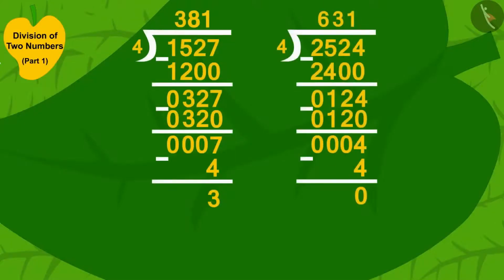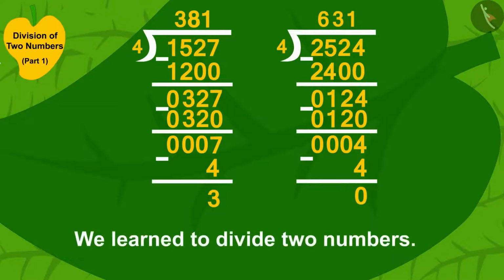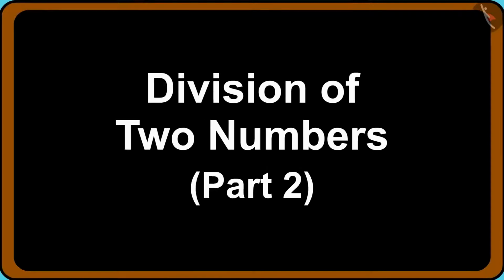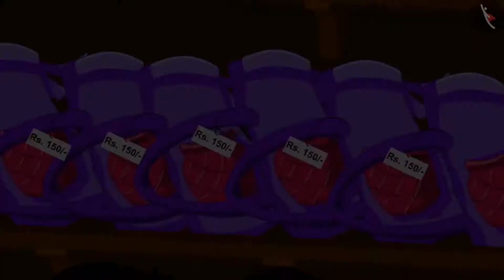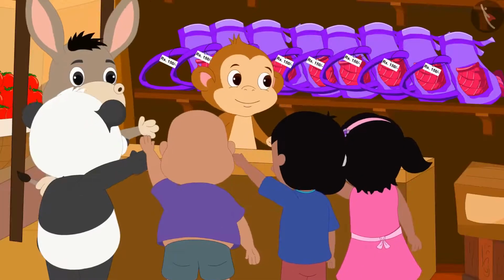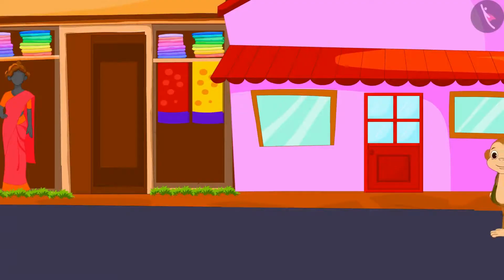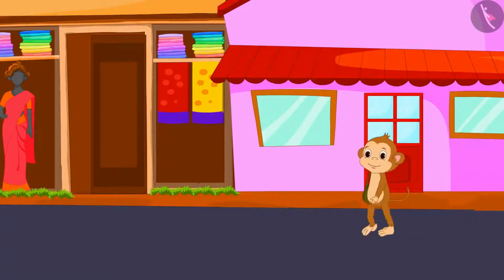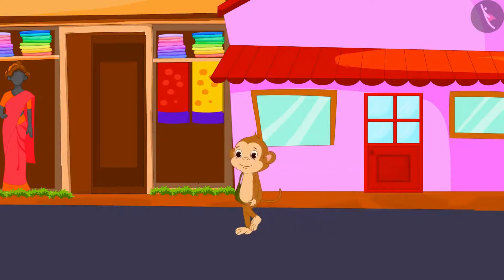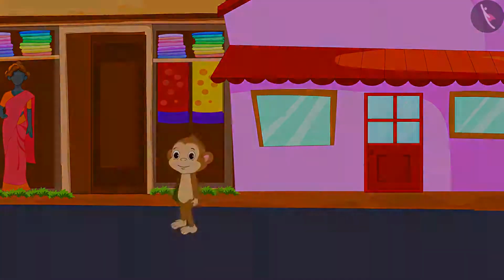Hello kids! In the previous video, we learned to divide 2 numbers. In this video, we will see some more interesting examples related to this. Children, you remember Babban's new shop, don't you? Babban has come again today to the city to buy things for his shop.